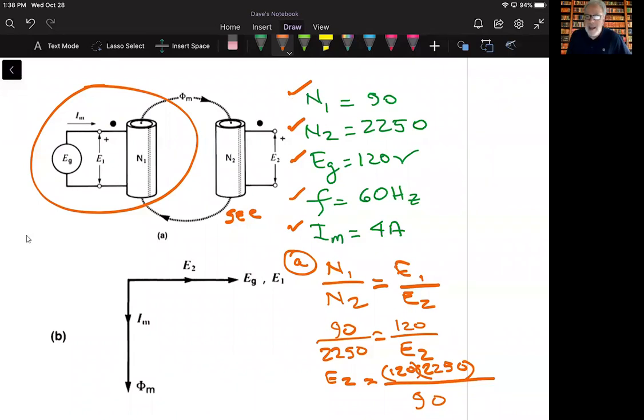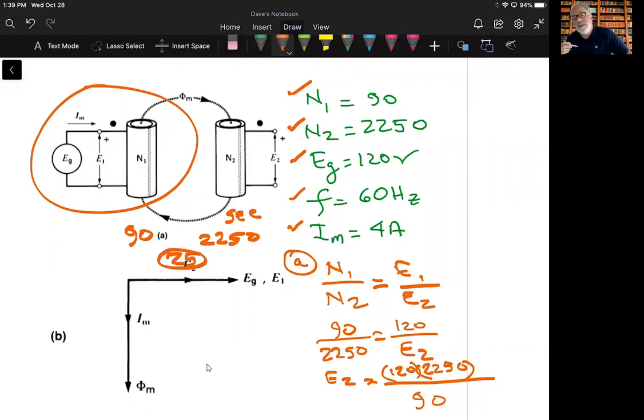I went ahead and added something here. I think it's important because in the first section, he looks at this turns ratio and isolates it, and he reasons that since this side has 90 turns and this has 2,250 turns, if you divide that into that, it comes out to be 25.